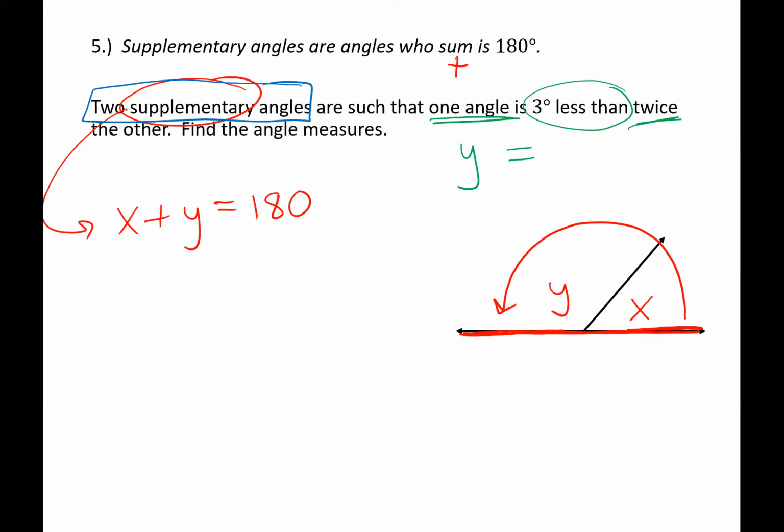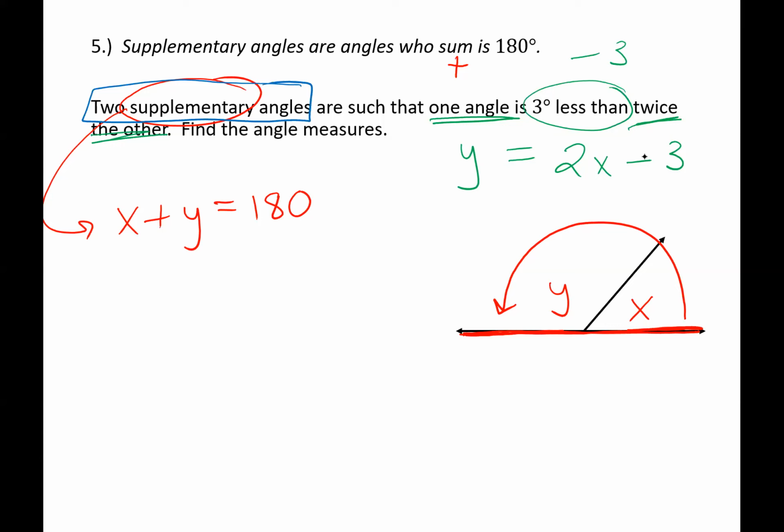The other means the other angle. Twice the other would be 2x. 3 degrees less than that would be taking 3 away from something. So the next equation we're going to write is Y equals 2x minus 3. That's 3 less than twice x, or 3 less than twice the other angle. So Y equals 2x minus 3.